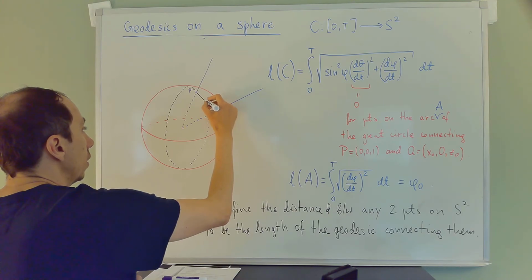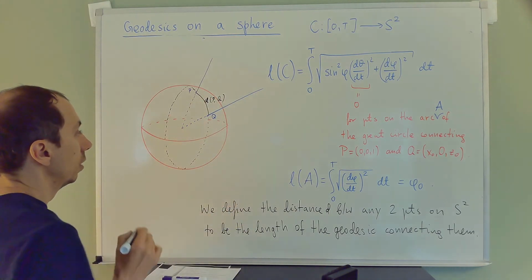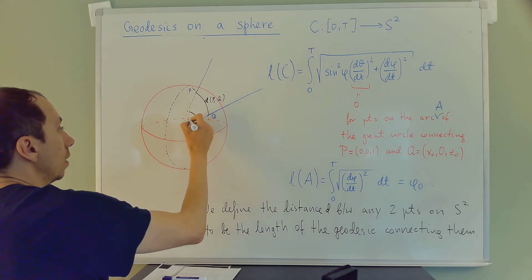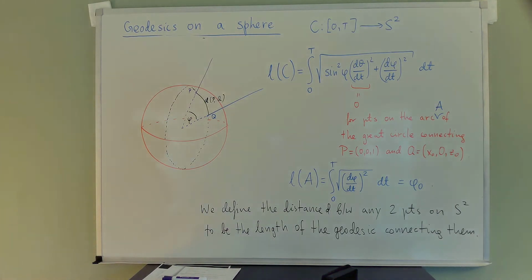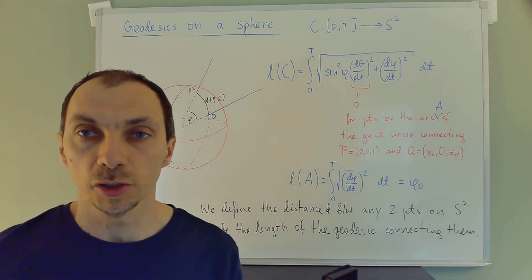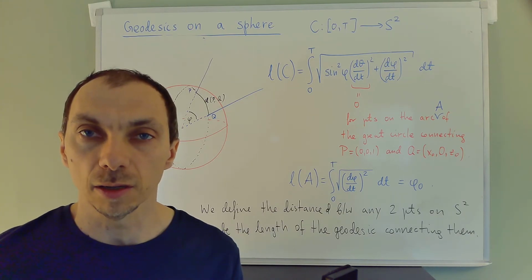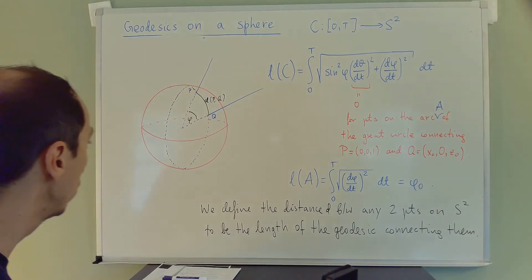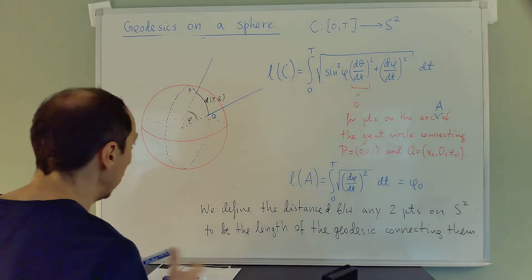So what's the length of this arc? So the distance between P and Q. That's nothing else but the angle between these 2 points. Because again, the angle on a circle is the circumference of the arc divided by the radius. But if the radius is 1, then the angle is just equal to the arc length. So we get this formula.